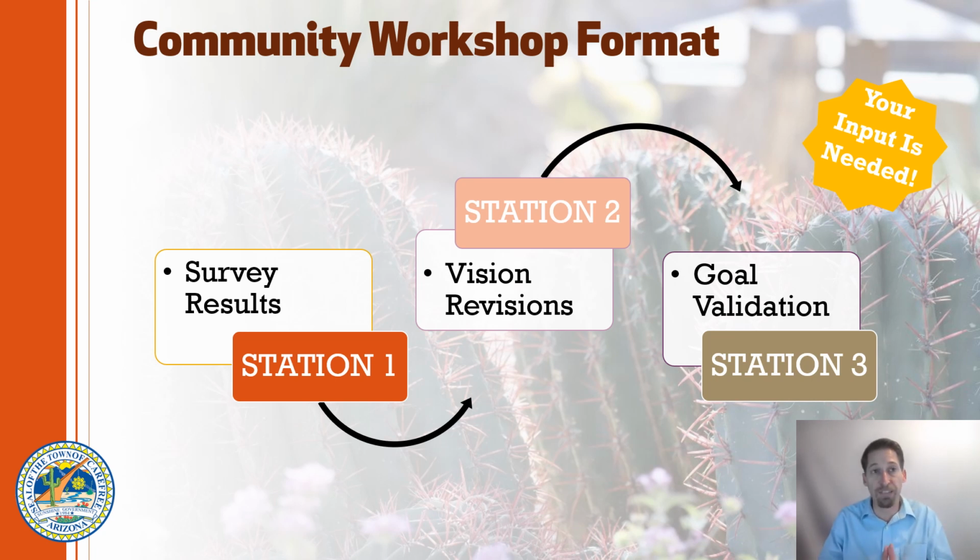But if we see feedback from the community that a particular goal might need some more refinement in order to clarify its exact intent or achieve its desired outcome, well, then your feedback will help us zero in on those areas that need maybe further attention. So those are the 3 primary stations or areas of input that we're looking to have your feedback.